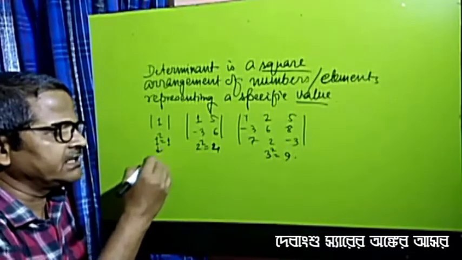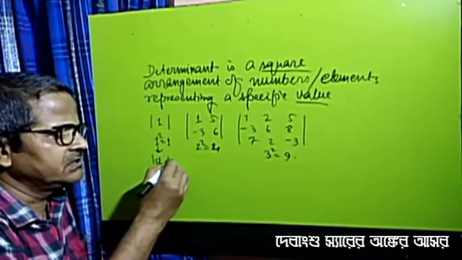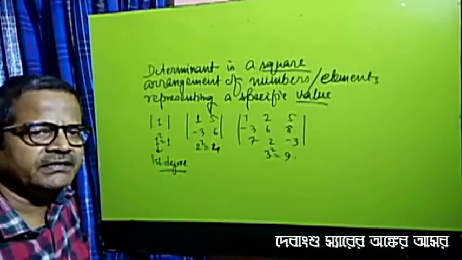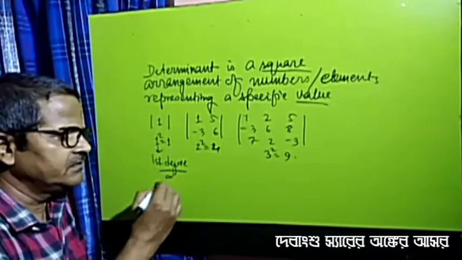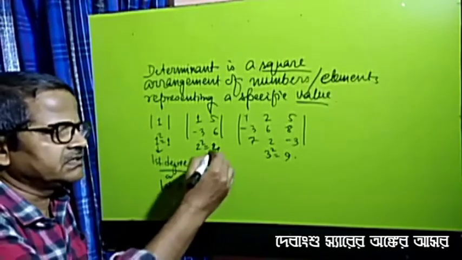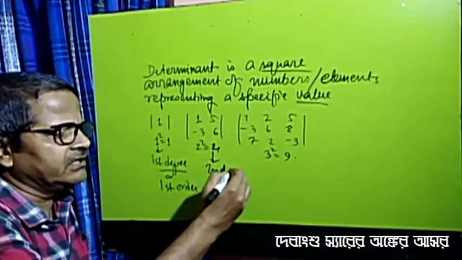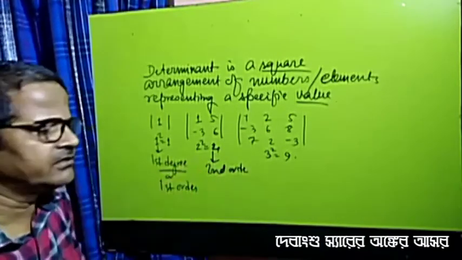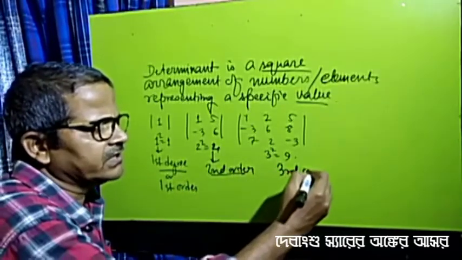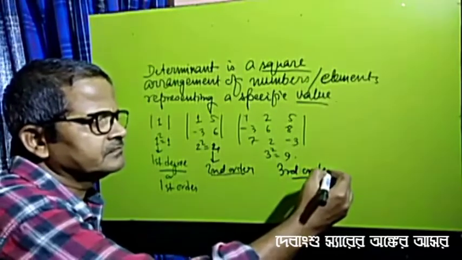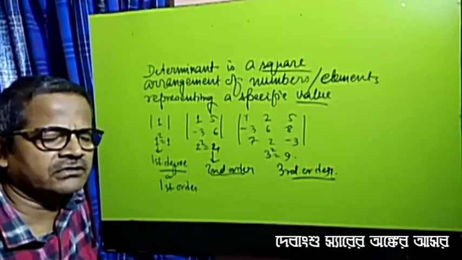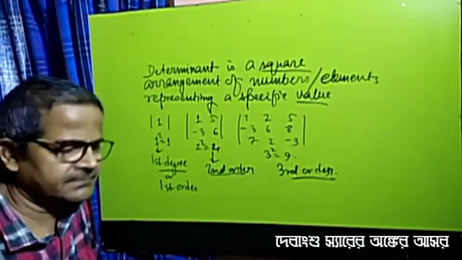Since it is one square, it is called a first degree, or first order determinant. This is called a second order determinant. Sometimes we call it degree also. Second order, and this is third order. Similarly, there can be fourth order, fifth order, nth order determinants.